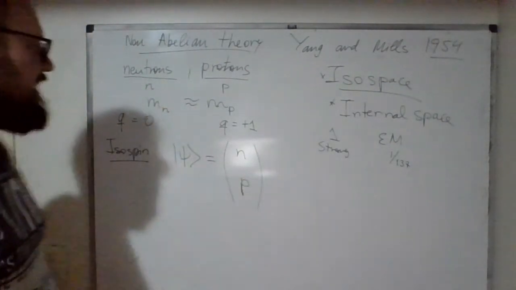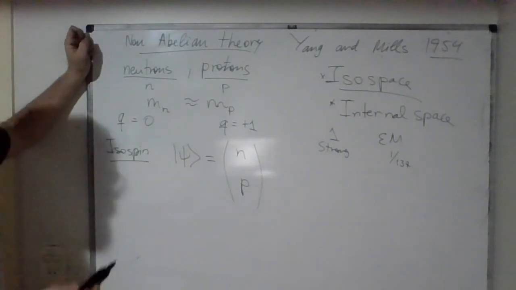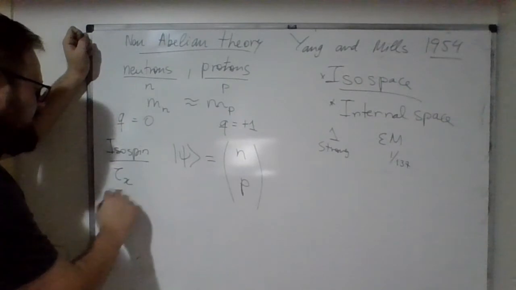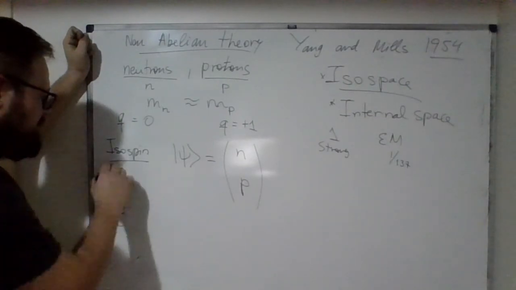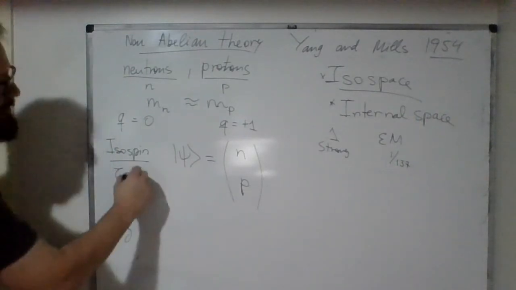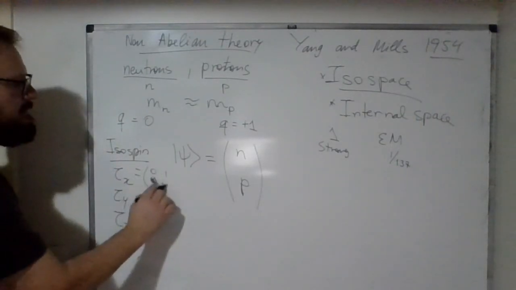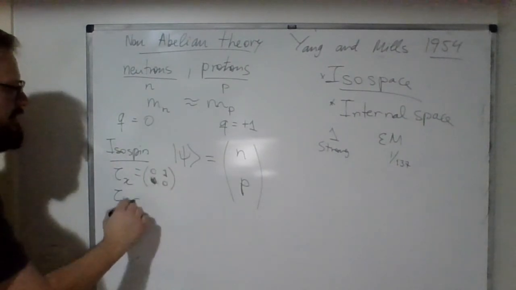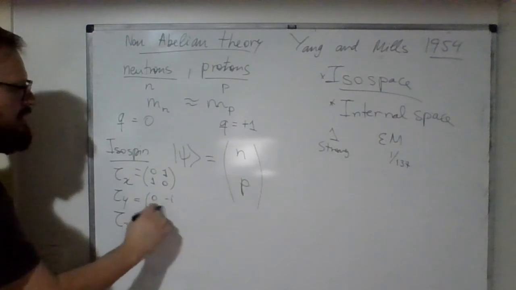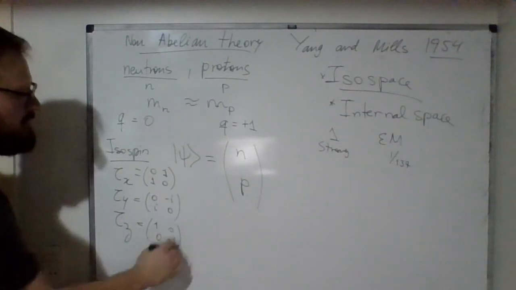And notice that in this isospin, they also use another notation for the Pauli matrices. They used tau x, tau y, tau z, but they are the Pauli matrices: 0, 1, 1, 0; 0, minus i, i, 0; 1, 0, 0, minus 1.